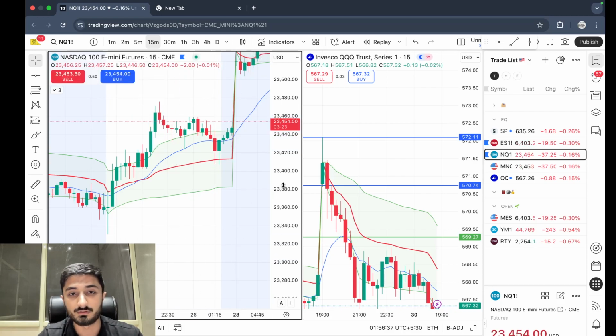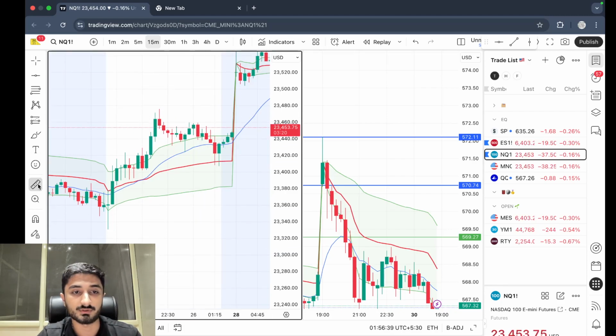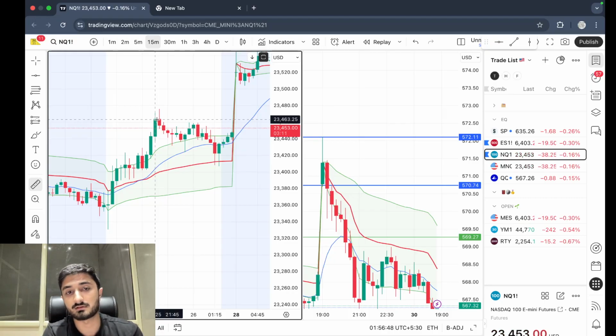So one thing you can do here is exit 50% of the quantity at 1R and hold 50% until the end of the day.